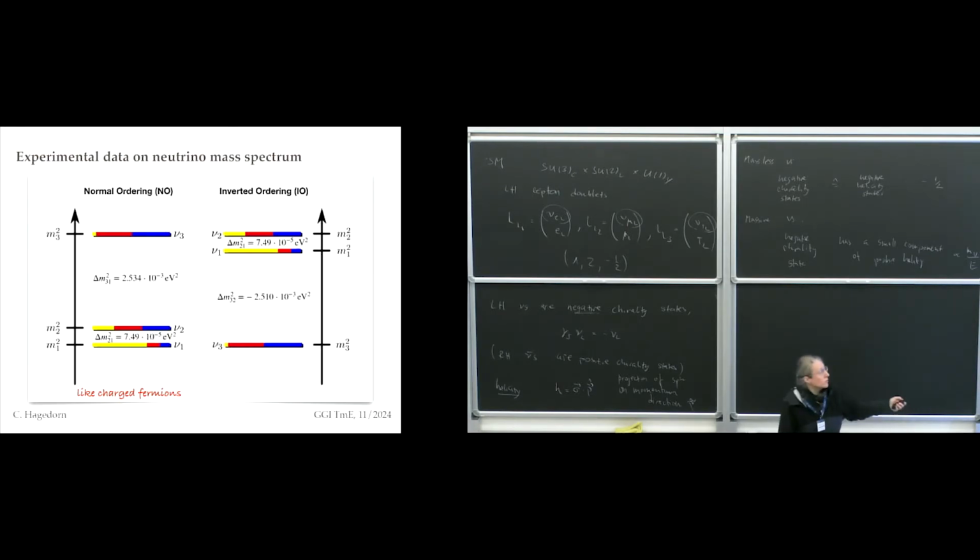So what do you see here? You see here, actually, the mass is drawn in a scale which is not absolute, because as we were saying, we will see that neutrino oscillations tell us about the mass squared differences. So these splittings here.